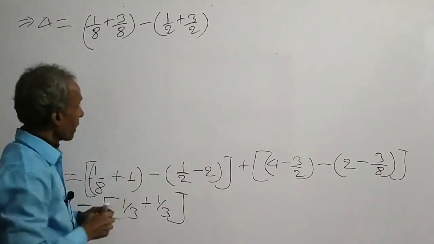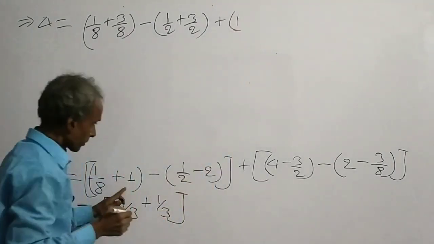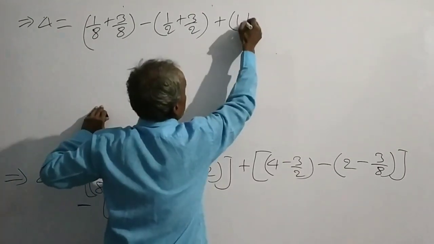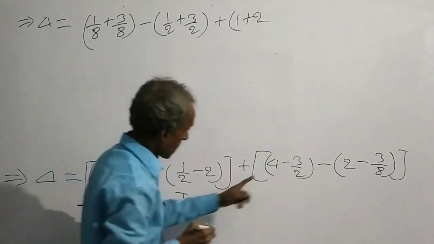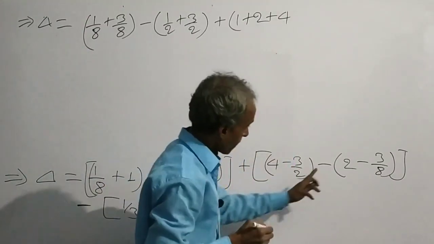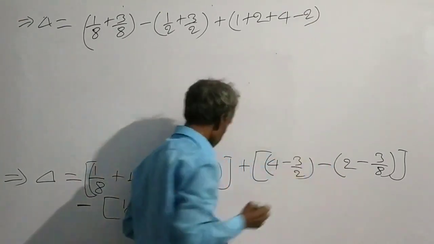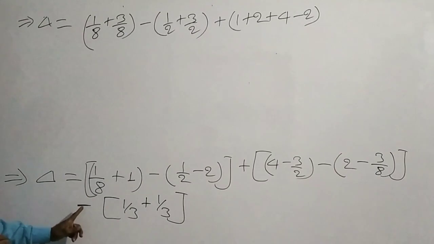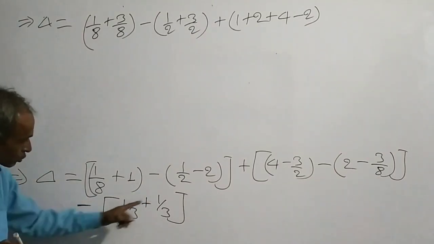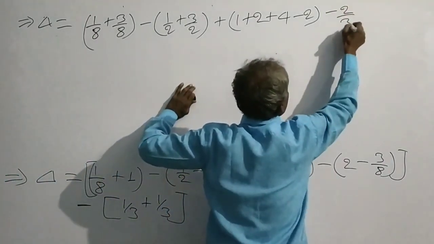This integer 1 plus 1, minus minus plus 2 plus 2 plus 4 minus 2, and here is minus 1 by 3 plus 1 by 3, minus 2 by 3.